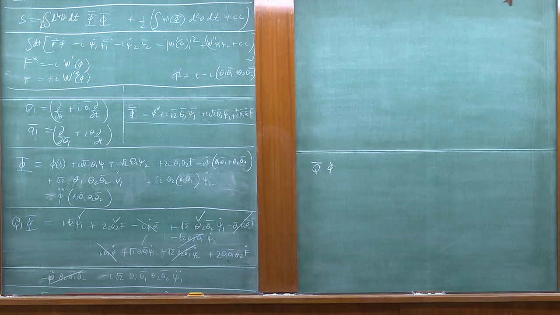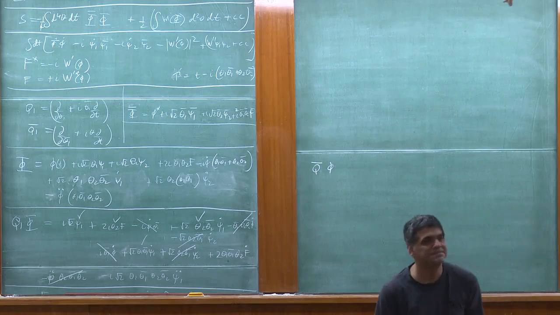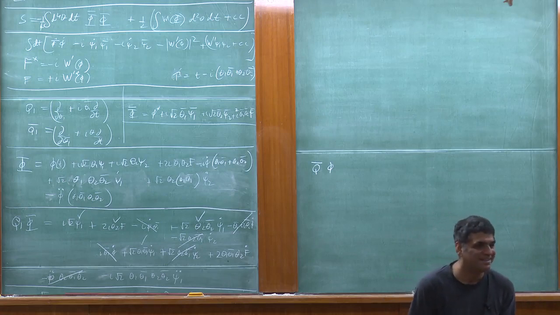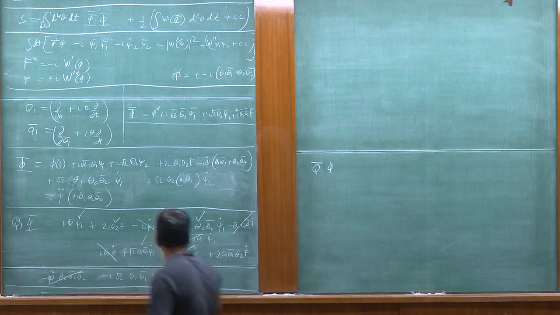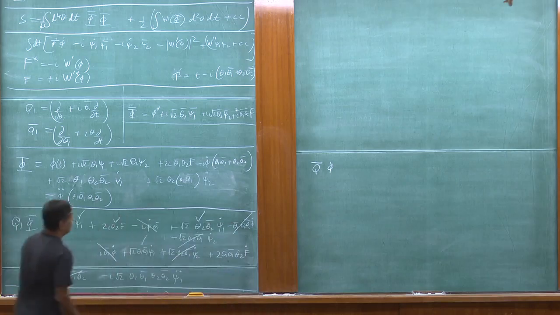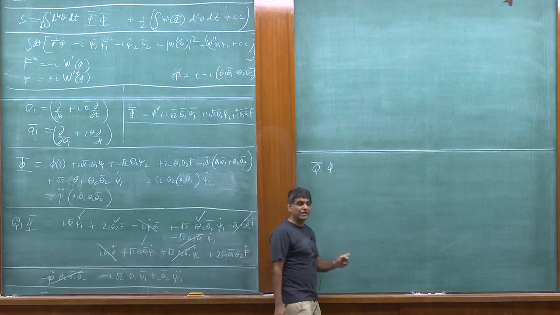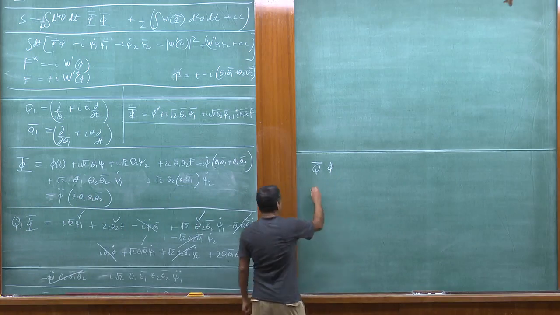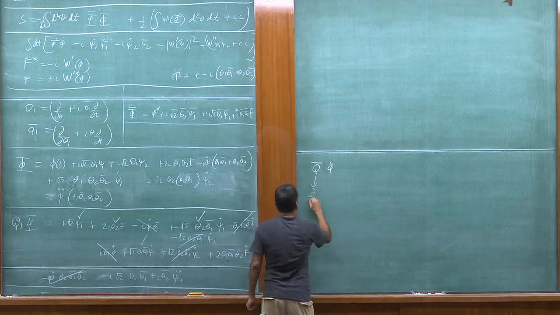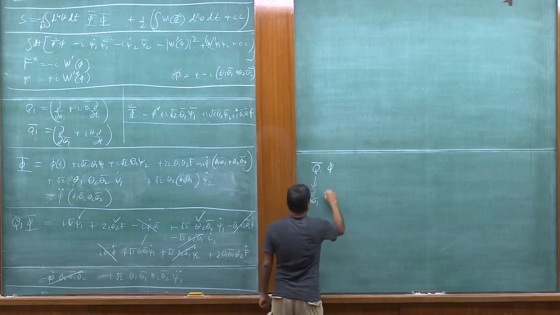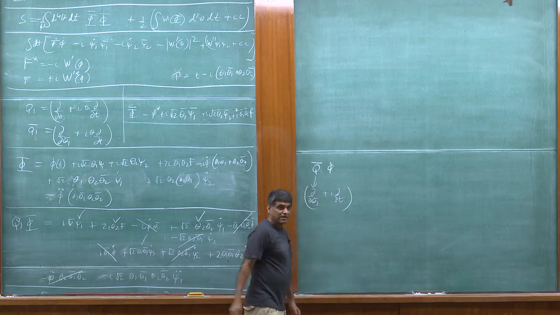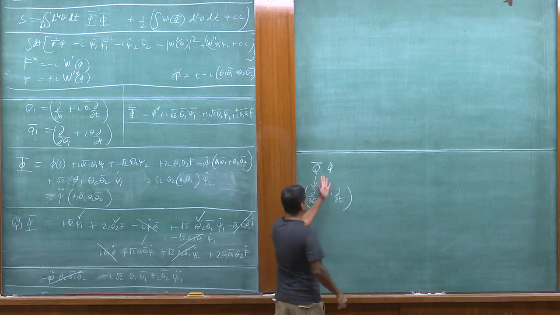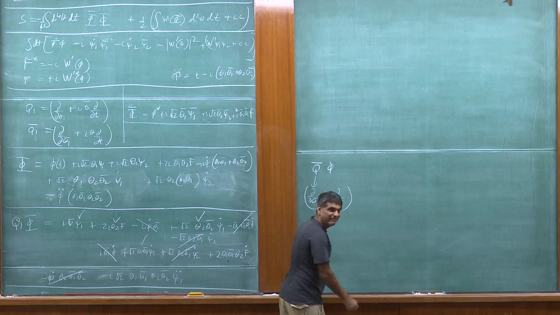But you remember that tau was annihilated by d1 bar. That's how we determined tau. So we want q1 bar of phi. This q1 bar acts only on the tau. But remember that q1 bar was del by del theta 1 bar plus I del by del t. But we know that d1 bar on phi is 0. d1 bar on tau is 0.